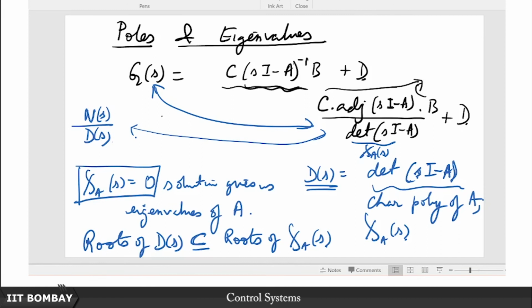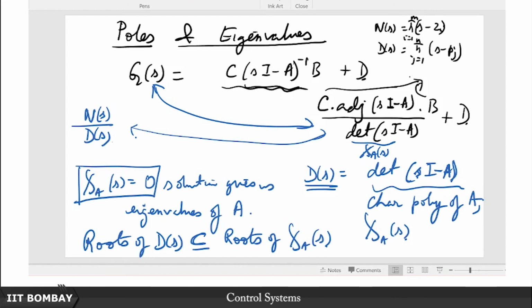So there might be some factors that are common to ns. Remember, ns is basically the set of zeros, so we can factor them out like this, and ds is basically the set of poles. So the poles may be indexed 1 to n and the zeros from i equal to 1 to m. So there are m zeros and n poles.